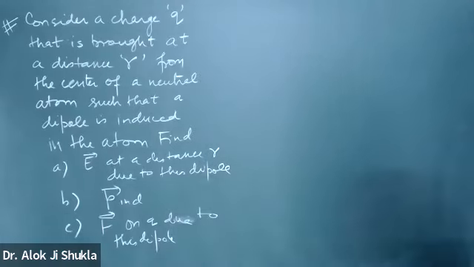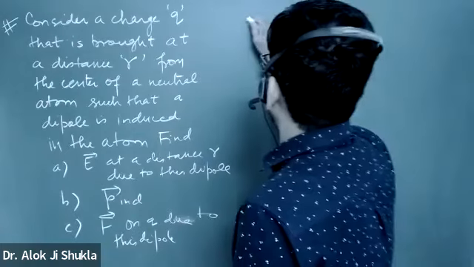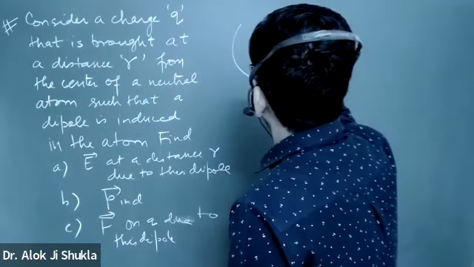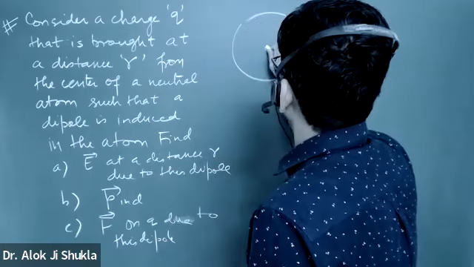So consider a charge Q that is brought at a distance small r from the center of a neutral atom. So this is a neutral atom. This is its center.